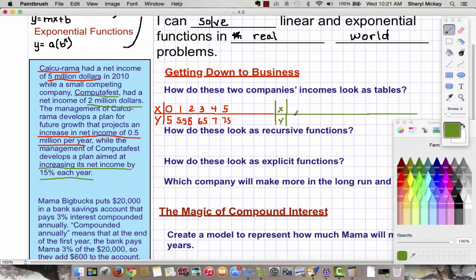And I'm going to go ahead and add in those amounts. But let's start by saying that in year 0, there were $2 million, right? $2 million. And then we're going to need to do year 1, year 2, year 3, and we'll try to go up to year 4.